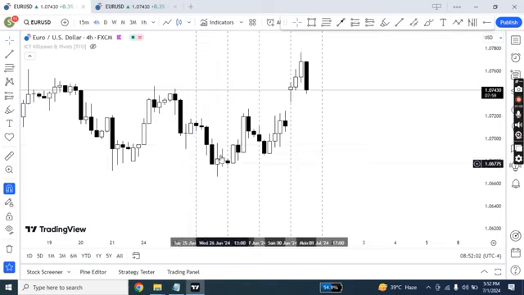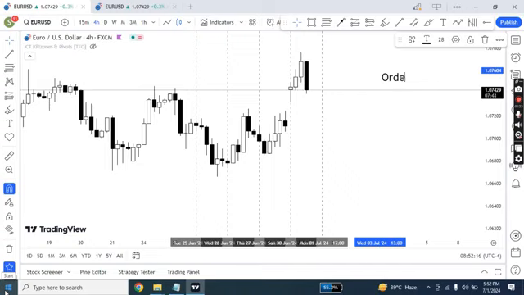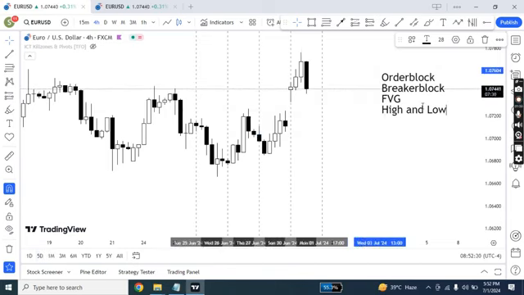So we're going to start off right here, and you can see that we could use a key level either in the form of an order block, a breaker block, an FVG, or a high and low, right? These are the key levels that we can find on the 4 hour to integrate with market profiles and potentially generate trade ideas, right?